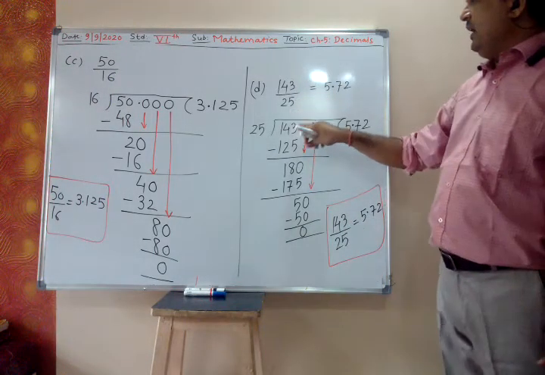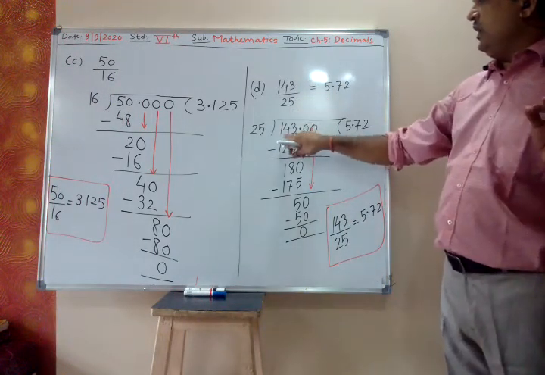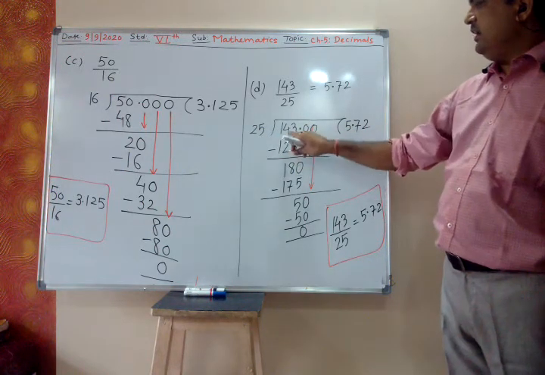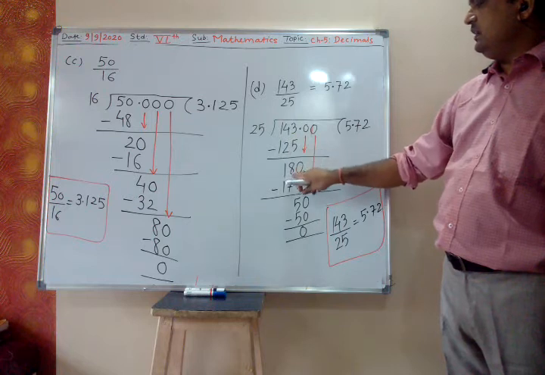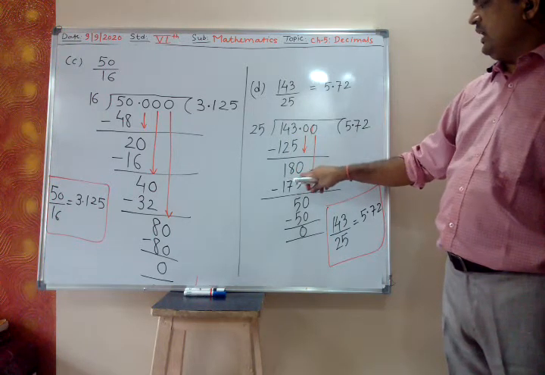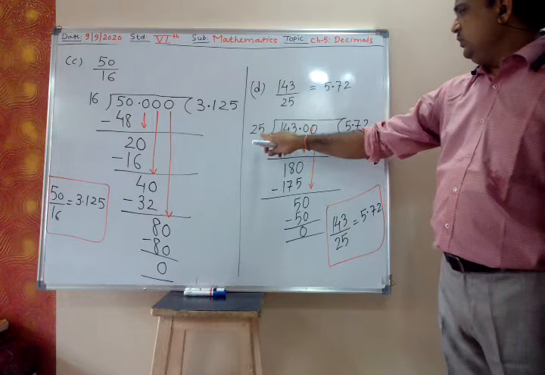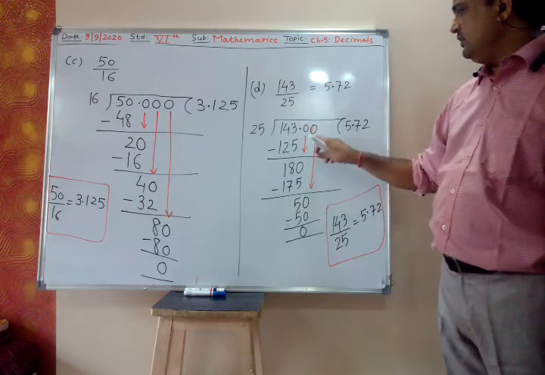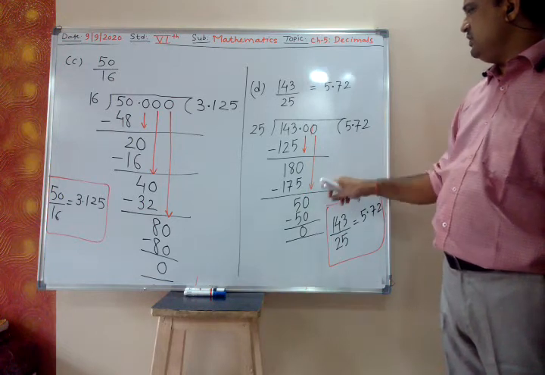143 divided by 25. 143 we write 0.0. Then 25 5s are 125. 143 minus 125 is 18. 1 0 I will carry, 180. Then 25 7s are 175. 5 is left. 1 0 I will carry, 50. 25 2s are 50.